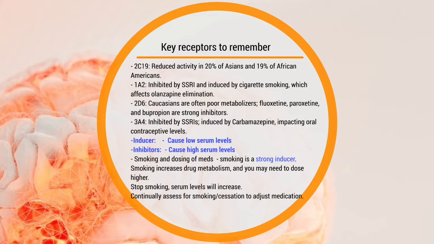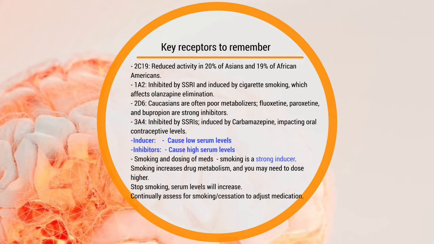Okay, so in summary here, inducers cause low serum levels. Inhibitors cause high serum levels. Okay, and smoking and the dose of medication, that's important. It's been repeated several times because we see this in practice a lot. Smoking is a strong inducer.